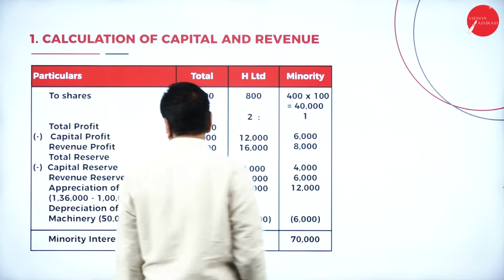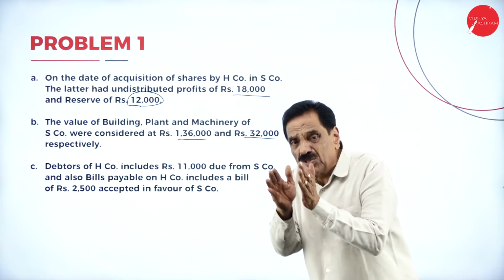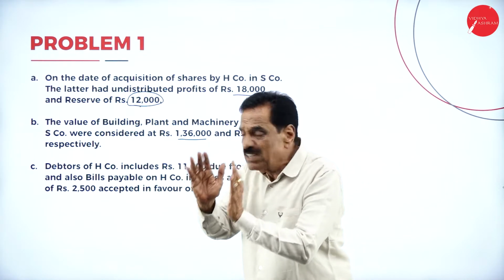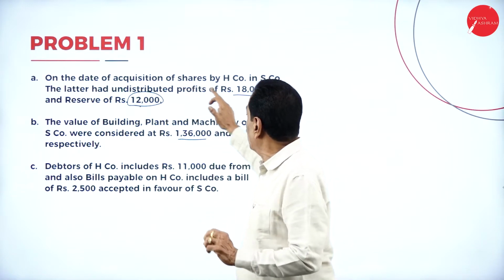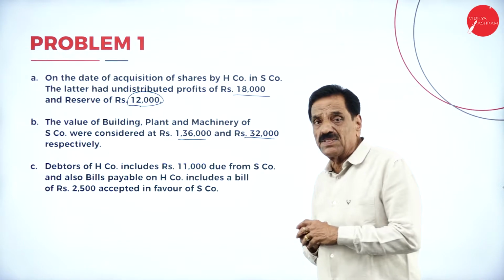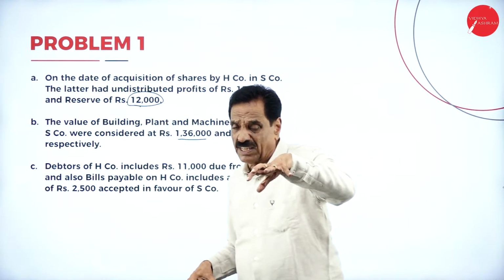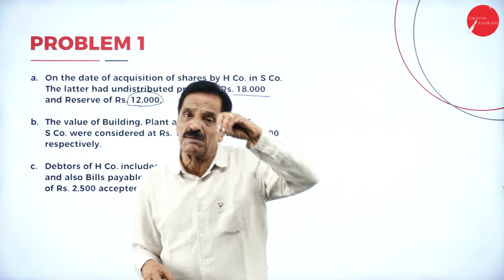Then, if you see the problem here, on the date of acquisition, when H company is taking over S Limited, the latter has undistributed profit of 18,000 and a reserve of 12,000. So whatever is available at the time of acquisition is called capital profit.